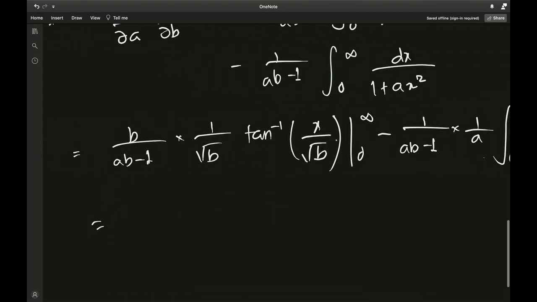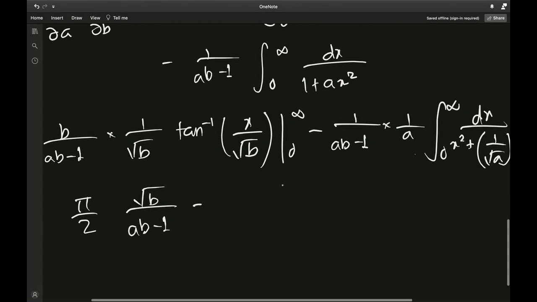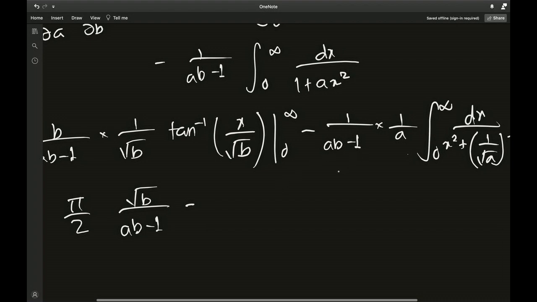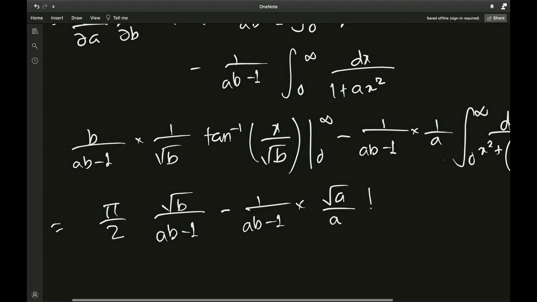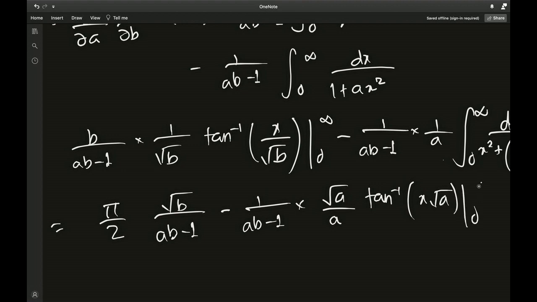Now the first guy, the inverse tangent of infinity is pi over 2, and at 0 it's 0. So we have pi over 2 square root b over ab minus 1 minus, calculating this guy, we get, if I'm not wrong, 1 over ab minus 1 times square root a over a inverse tangent of x times square root a evaluated from 0 to infinity.